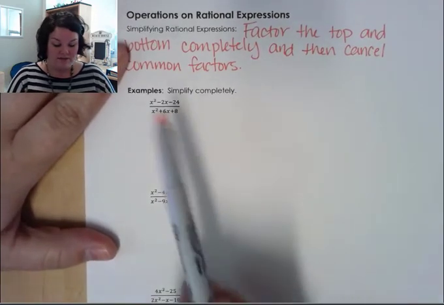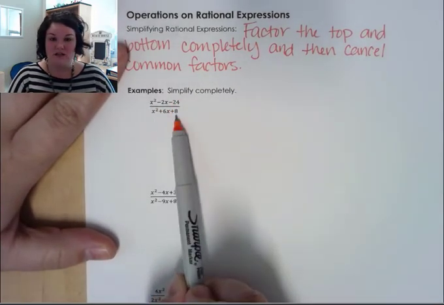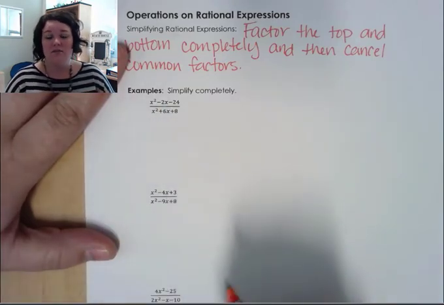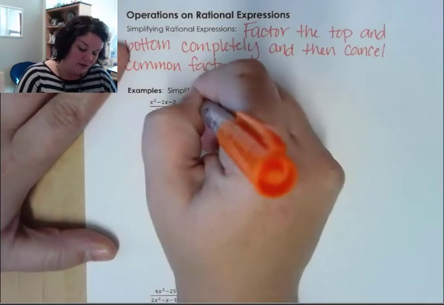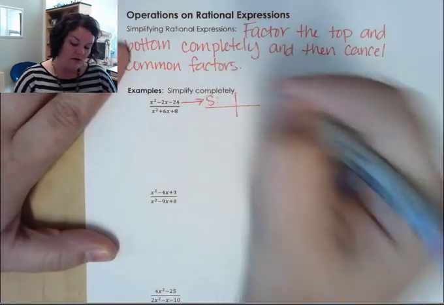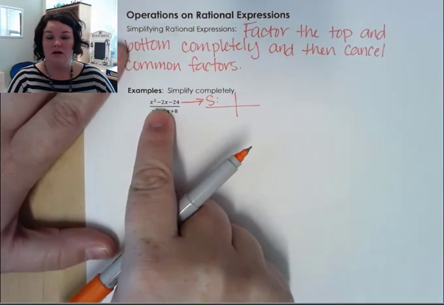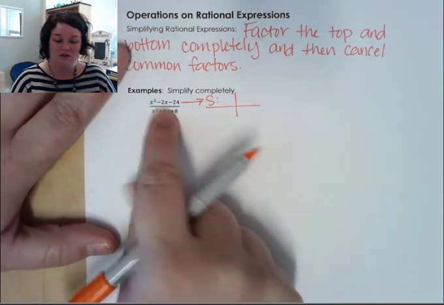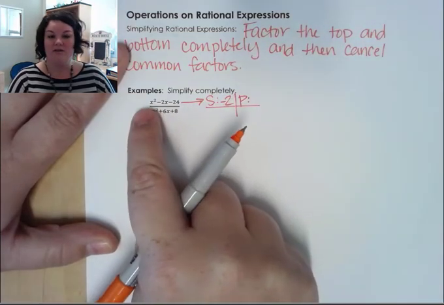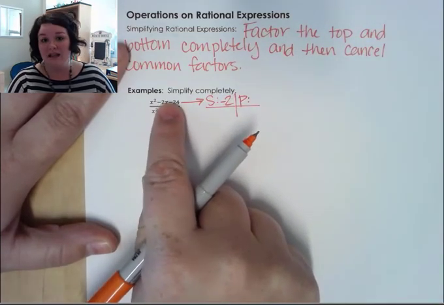Okay, so on this first one, I see that I have three terms on top and bottom. So for both of them, I'm going to use the sum product chart as my factoring method. So I'm going to go ahead and look over here, and my sum for the top polynomial is going to be -2 because that's my middle coefficient. And my product is going to be my first times my last coefficient.